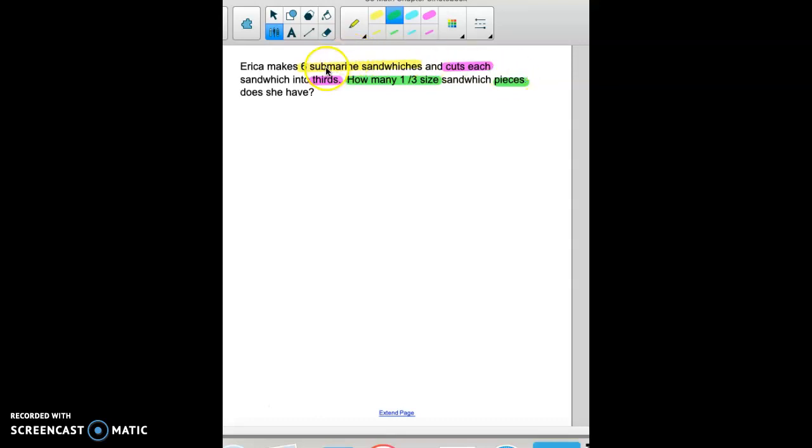So I'm thinking if you're starting with the total amount that someone has, and then you're cutting that into pieces, and then you're counting the pieces, which operation is that? Right, so we'll be using division.